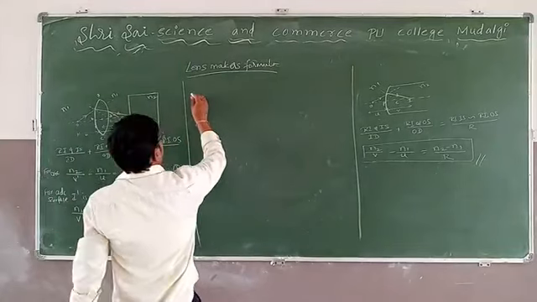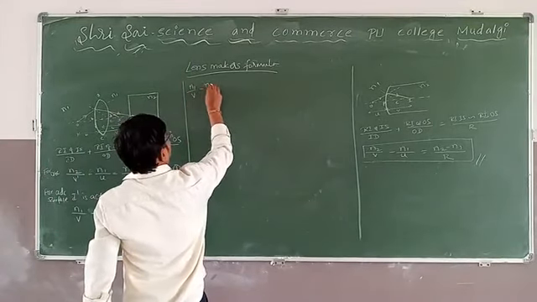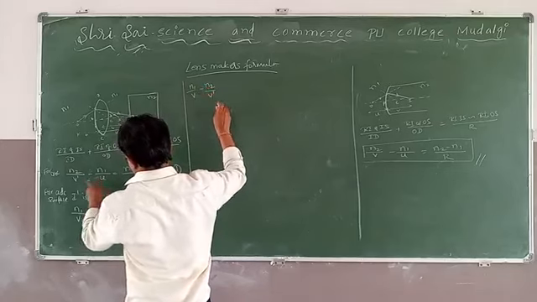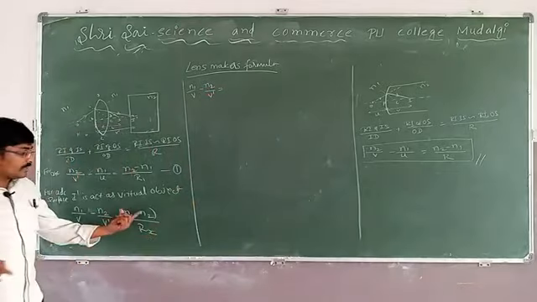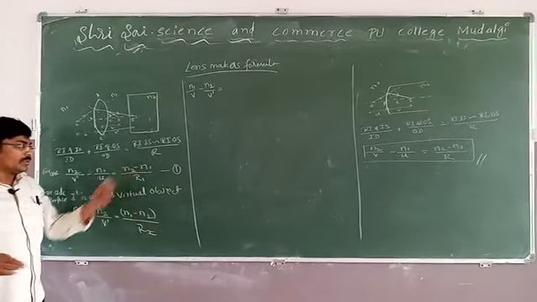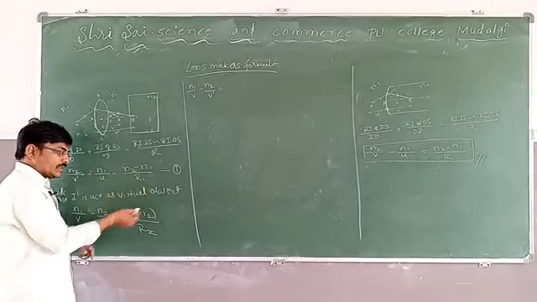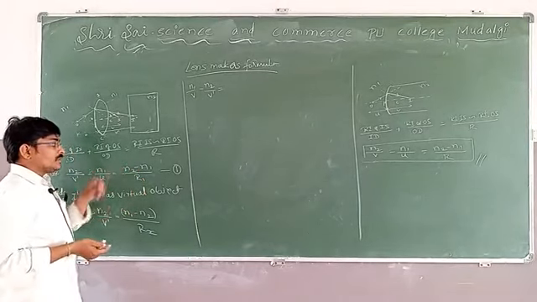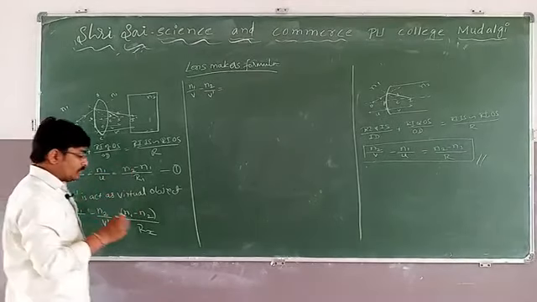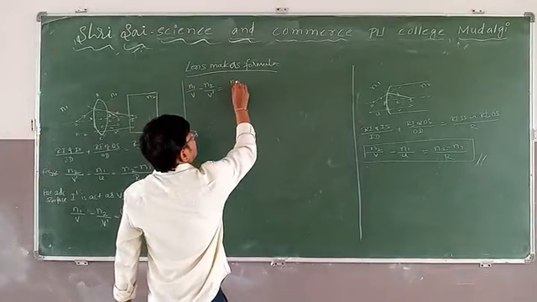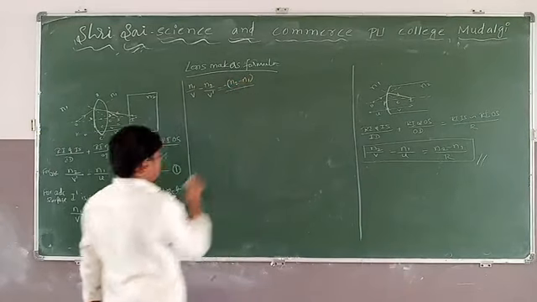Next, what I will do: N1 by V minus N2 by V dash is equal to... If you compare these two equations on the right-hand side, here it is n2 minus n1, here n1 minus n2. For my convenience I make them the same on both sides. How?